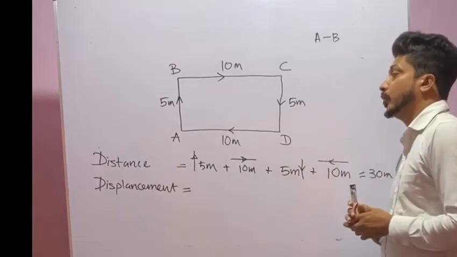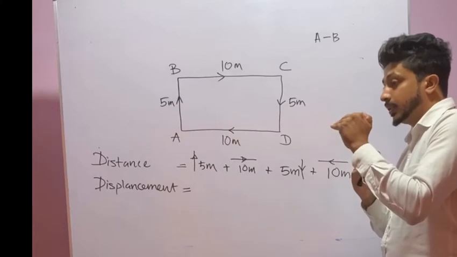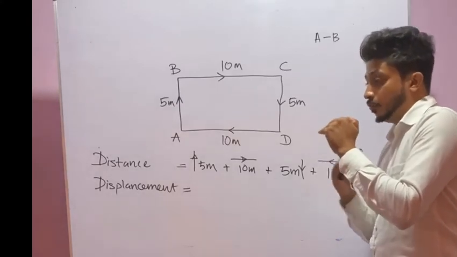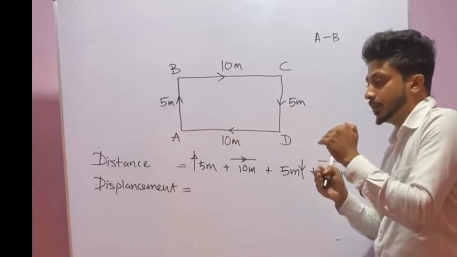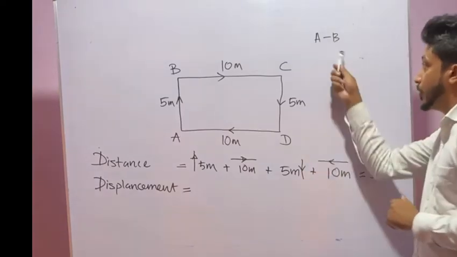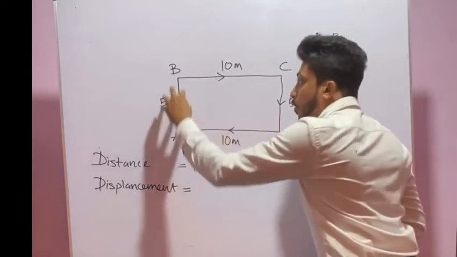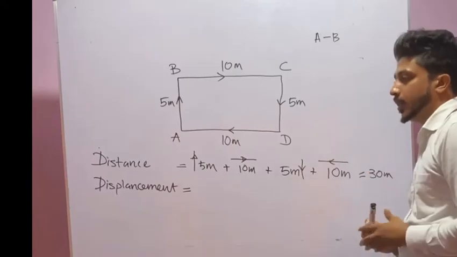The first thing you have to do is consider the motion. Which motion do I have to consider? From A to B. First one is done.